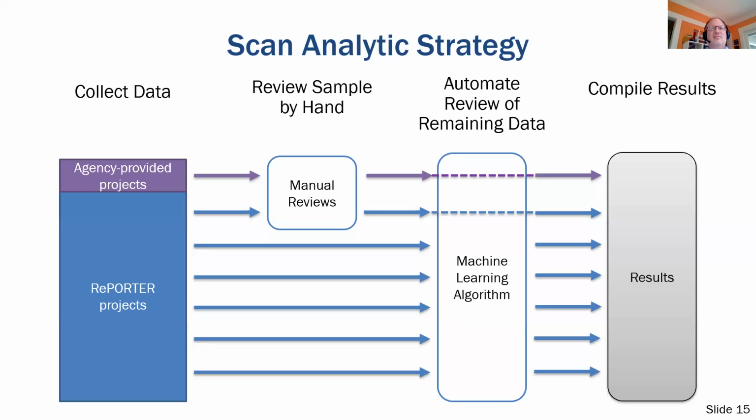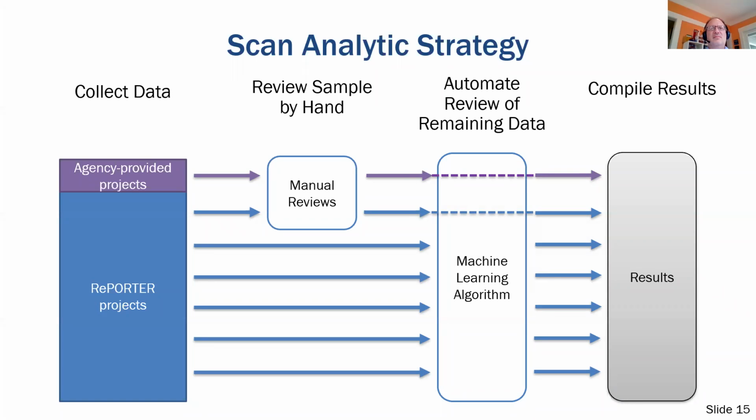So in order to make our analysis feasible, we enlisted computer support. We sought to automate the review of the remaining data that we weren't going to be able to manually review. We used a machine learning algorithm for this. That's what I'll be discussing in most of this presentation.